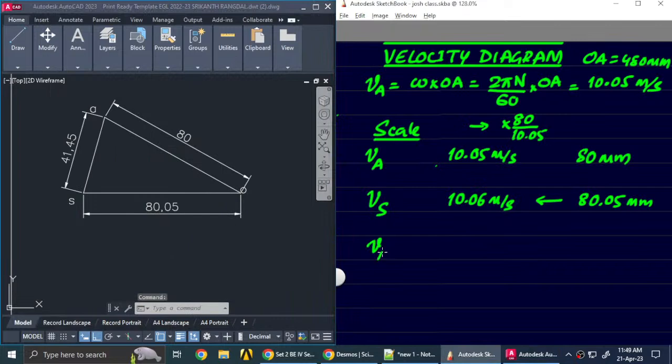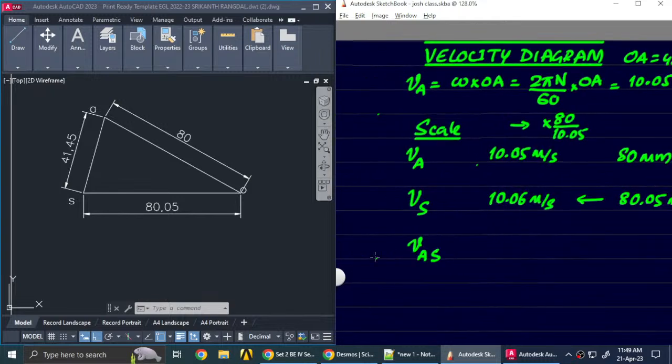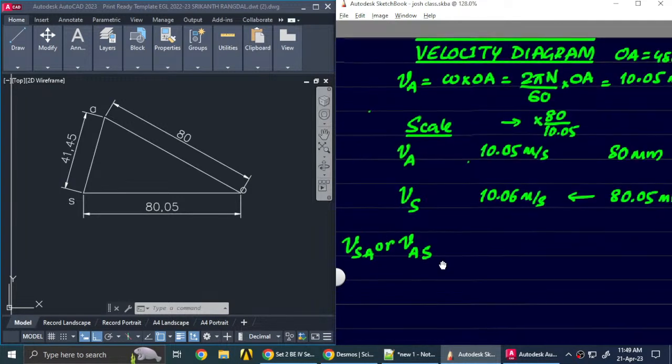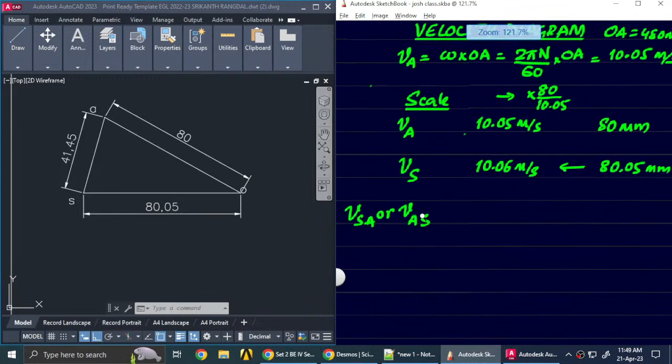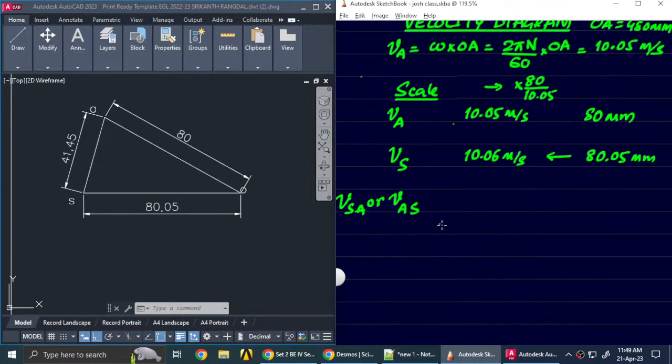And if you want to find the velocity of A with respect to B, or B with respect to A, both these values will have same magnitude, the direction will be opposite, so you'll have to take this measurement over here. So 41.45 mm, then convert it back.